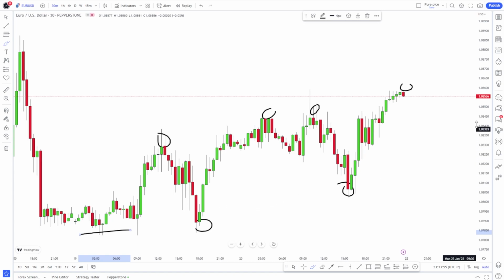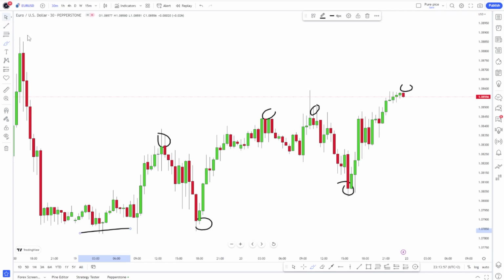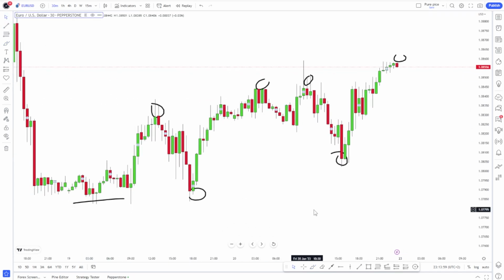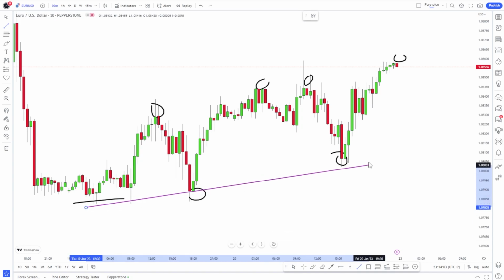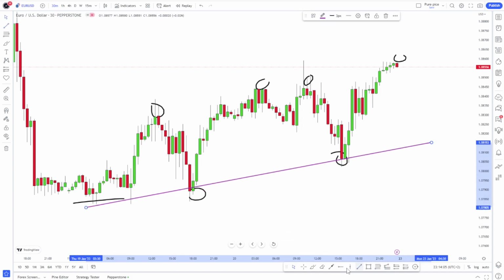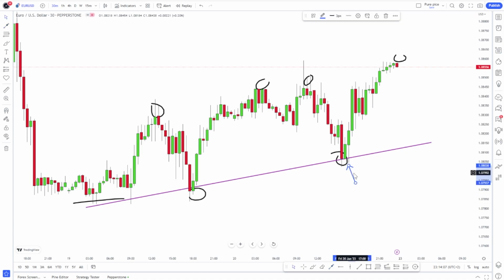In these scenarios, we're advised that if you see a trend, always make sure you only look for opportunities on the stronger side. For example, in this case, you'll only be looking for buying opportunities whenever price approaches the support.